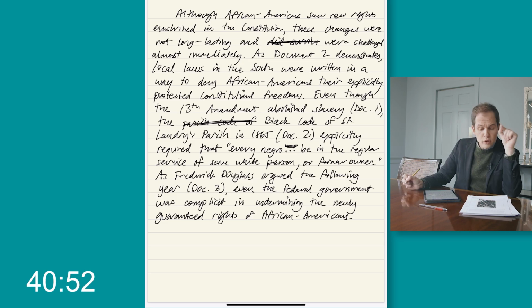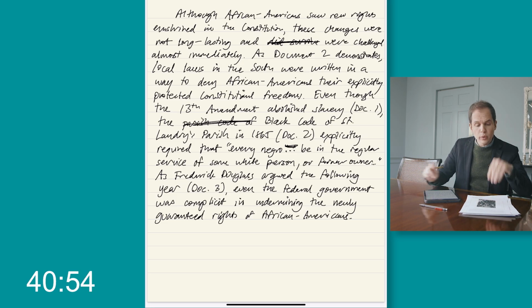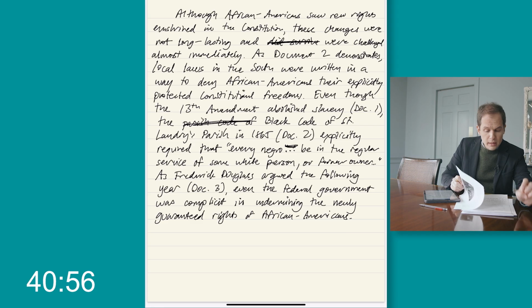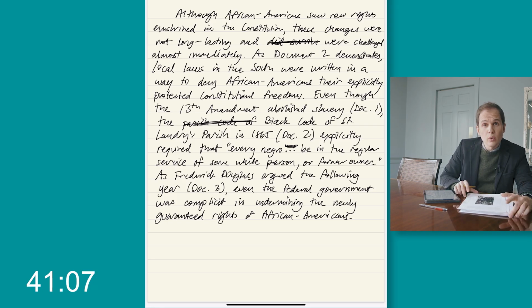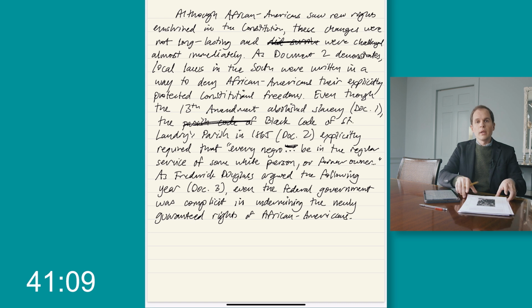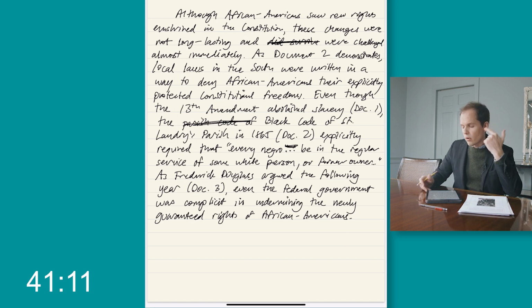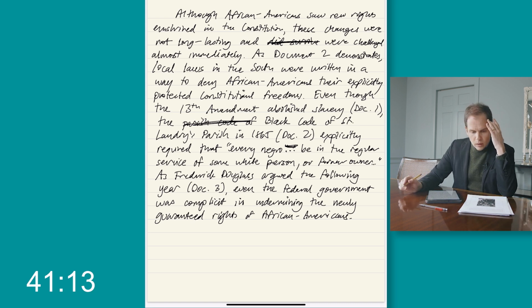By this point, I haven't sourced any of my documents, and source, remember, you can see it in the rubric, says, explain how or why the document's point of view, purpose, historical situation, and or audience is relevant to the argument. So I really have to do this now, otherwise I'm not going to earn the point. That's what's nice about checking the rubric over and over again. So Frederick Douglass is easy because I know he was an abolitionist before the war. Maybe I can say something about him.